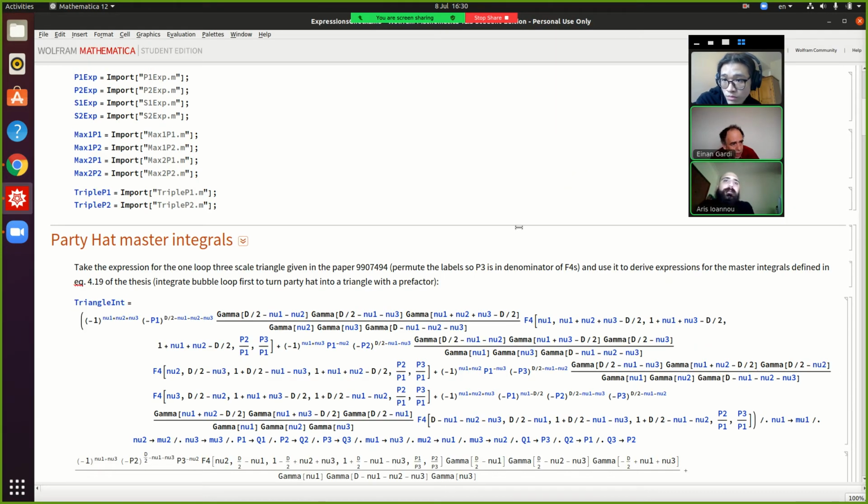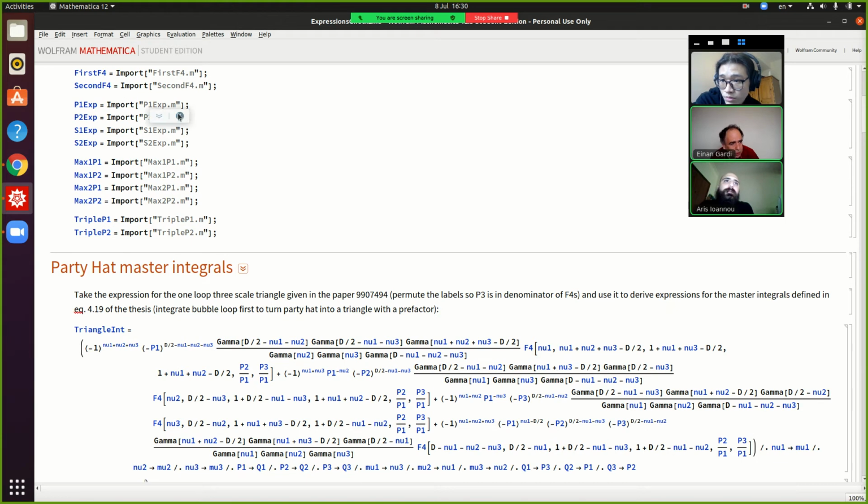You see P1, P2, these are the master integrals themselves, not cut. S1 and S2 are the sunsets. And then we have the max cut of P1, P2. There are two maximal cuts because there are two contours, and then for each of the masters, that would be 4 terms. That's the 4 that are listed there: Max 1, P1.